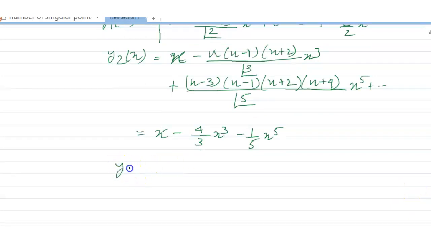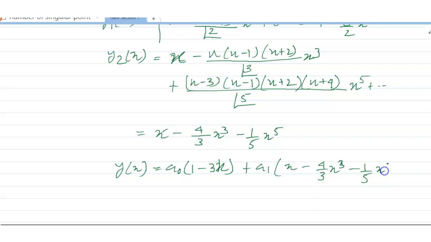So y(x) is equal to a0 times (1 minus 3x squared) plus a1 times (x minus 4/3 x cubed plus 1/5 x to the power 5 up to infinity). Putting y(1) equals 1, this is my condition.